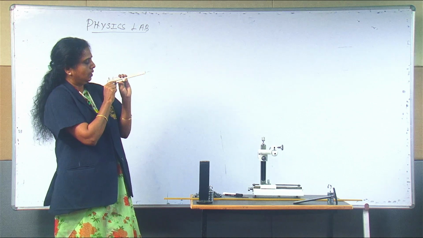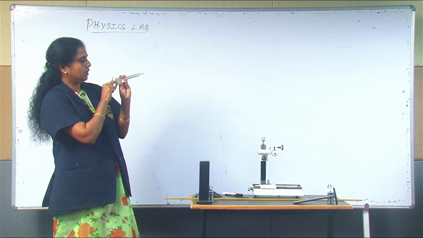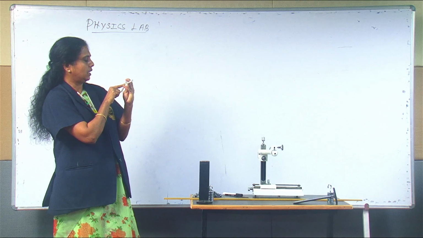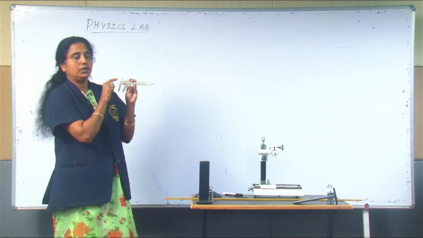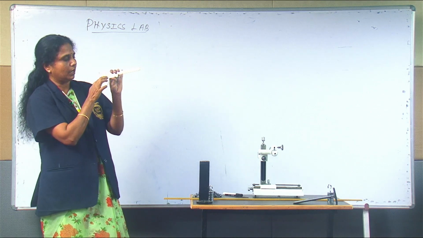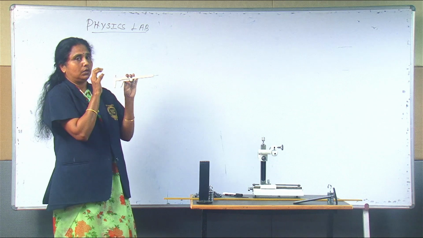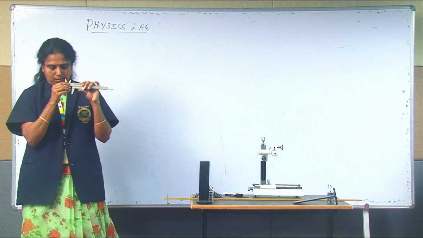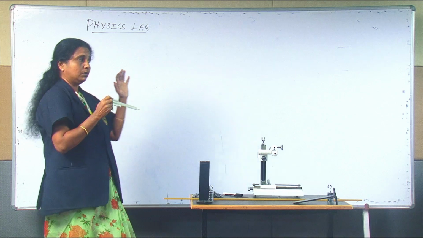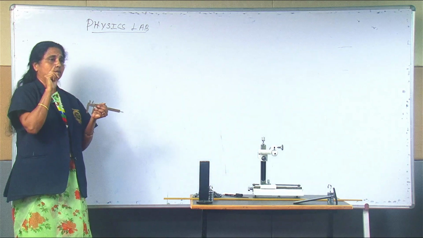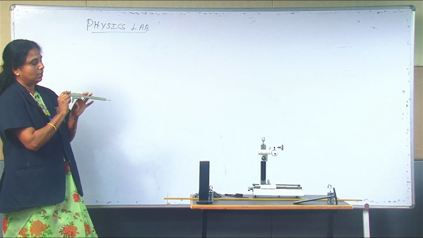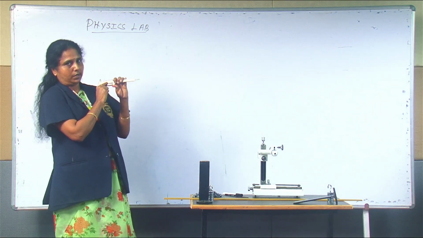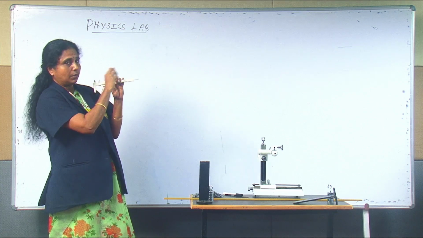So look here, where the first line of the vernier coincides with the main scale, it coincides with 2.9 or 2.8. While using this vernier caliper, you can get some decimals, but in screw gauge I said each line in pitch scale is 1 mm, so you should not get any decimal. So it is 2.8, and this is the main scale reading.